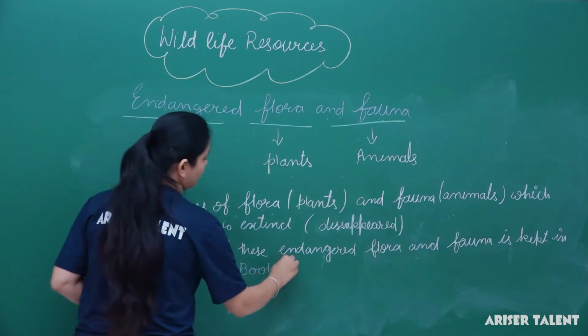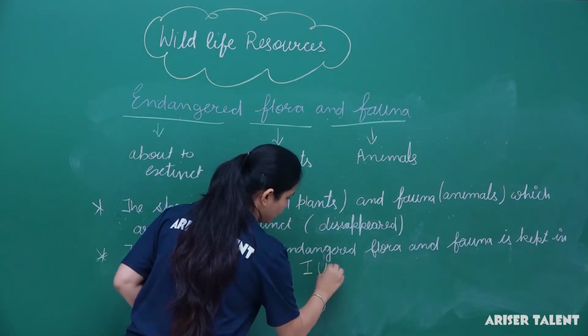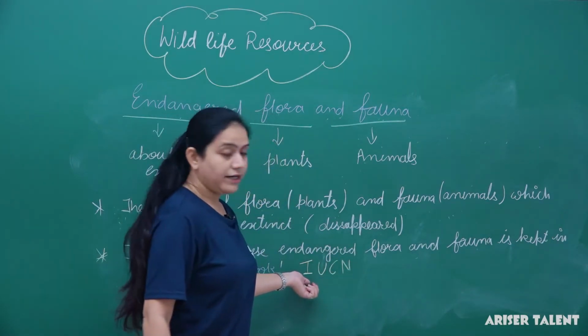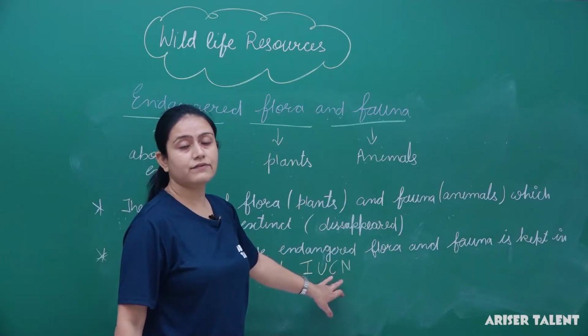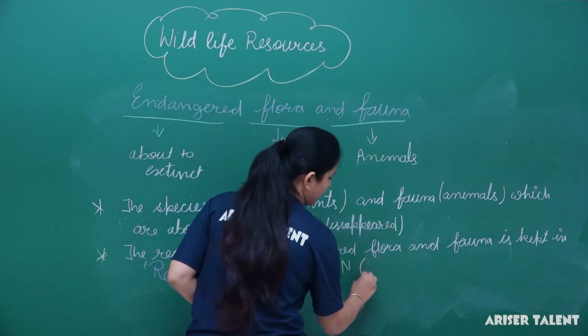This red data book is maintained by IUCN. IUCN means International Union of Conservation of Nature and Natural Resources.